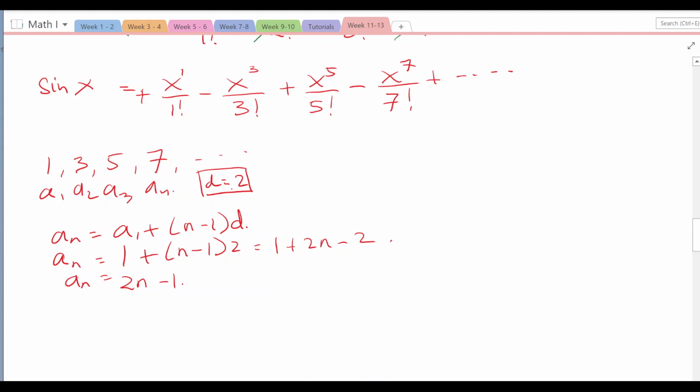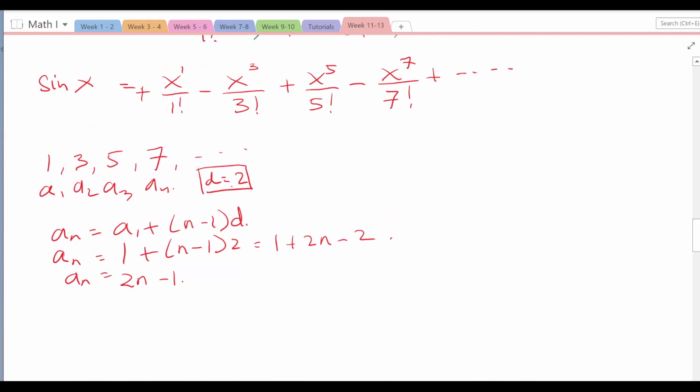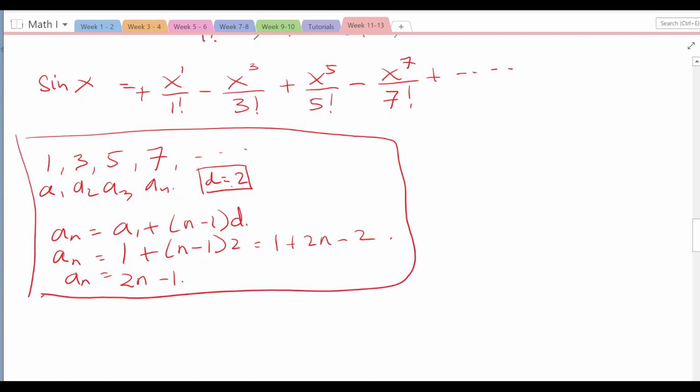Okay, so we can summarize this Maclaurin series expansion in the following form.